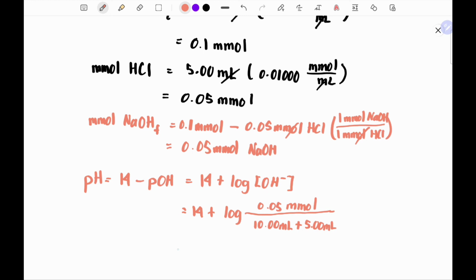Doing this, 14 plus log of 0.05 all over 15, the pH is 11.52. For simplicity, let's all report the pH or the pOH with 2 decimal places.